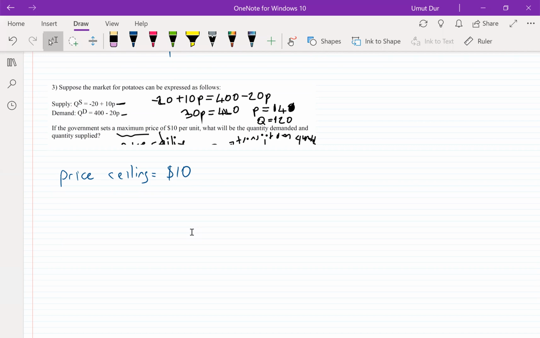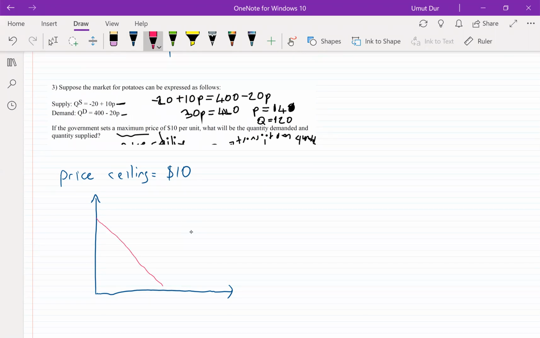Perfect. For this kind of question, the first thing I need to do is find the market equilibrium price and market equilibrium quantity without intervention. Without any government policy, what will be the market equilibrium price and quantity? Doing that is very simple.